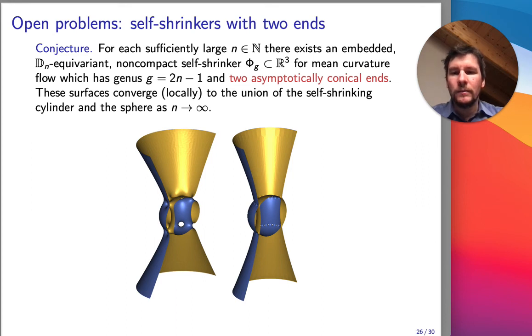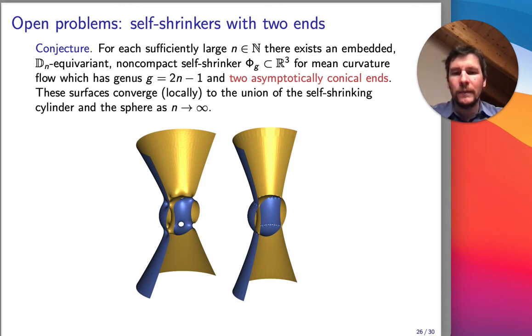So you should be able to obtain these self-shrinkers that have two asymptotically conical ends and odd genus. This should be a similar result to the one with sphere and plane intersected and desingularized, or should possibly also work with a min-max approach.